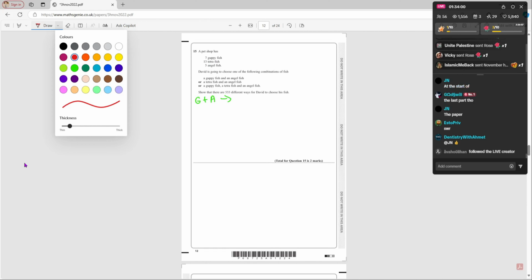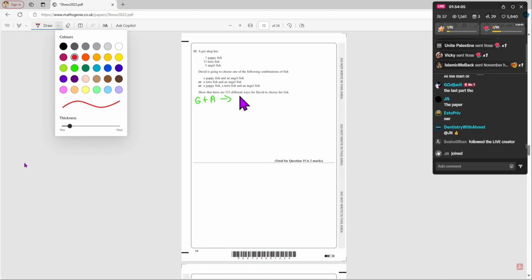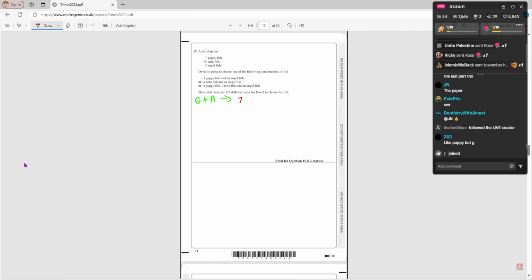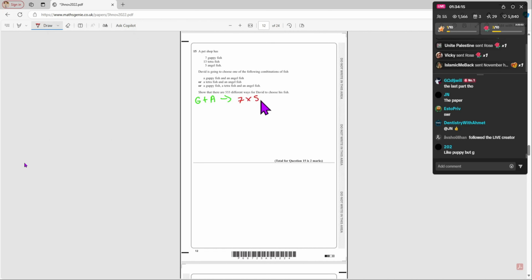So we're going to do 7 times 5, which is 35. That is the total combination of getting an angel and this fish.